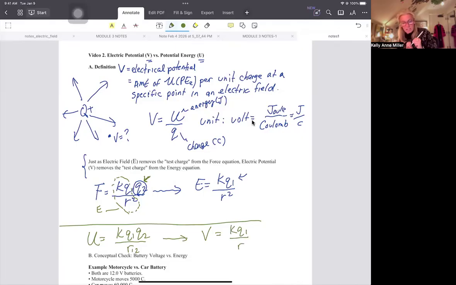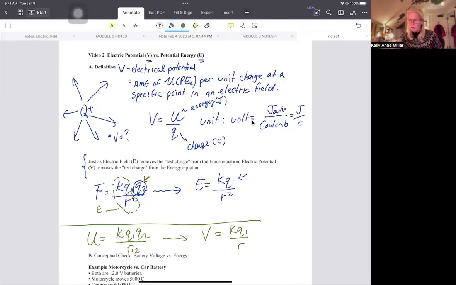So the electric potential doesn't need the second charge. Potential is there regardless of whether you're placing a charge there. You don't have to place a charge there to calculate the potential at a specific spot. It's independent of the test charge.